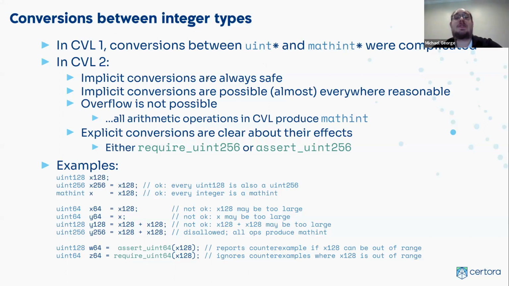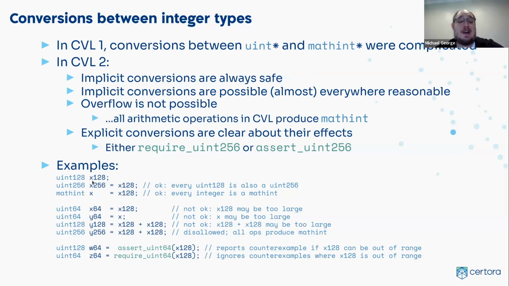So these implicit conversions are possible, but only when it's safe. You can never store a math_int variable in a uint variable, because the math_int might be out of bounds for the uint. If you had an implicit conversion there, who knows what would happen, right? So that's not allowed.